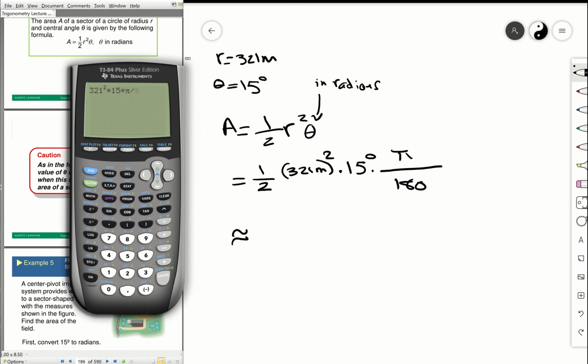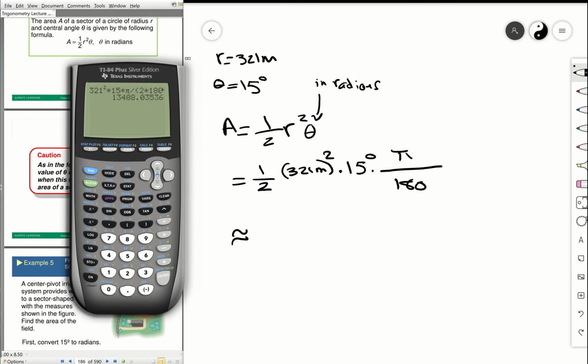Now if you're typing it out just like this, you have to be very careful, because if you write 2 times 180 right now, you'll get the wrong answer. So you'll want to use parentheses in a situation like this. You're going to write parentheses 2 times 180. An alternate thing to do would be to divide by 2 and then divide by 180. That'll get the same job done.